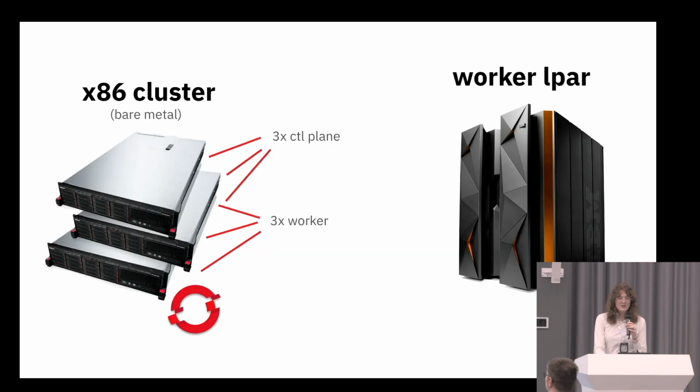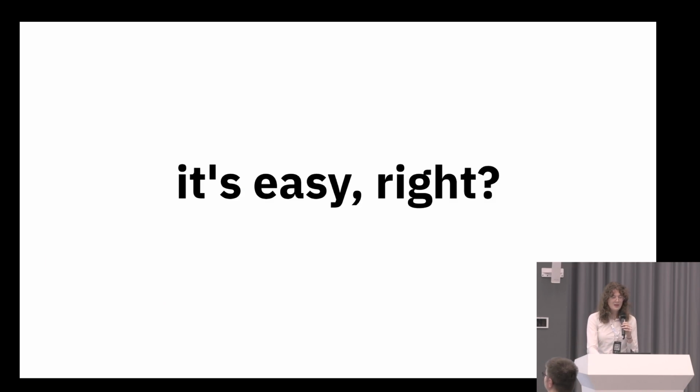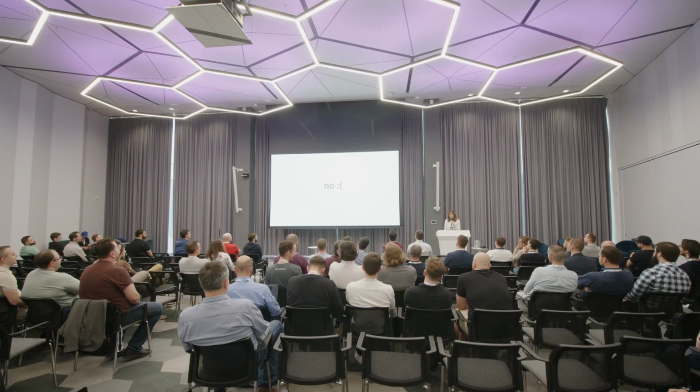Now, the second scenario is another way I've done this, but the key differentiator here is that it's an OpenShift cluster and it's an LPAR instead of z/VM. It's easy, right? No, unfortunately not. There are two fundamental differences and they're related to each other.